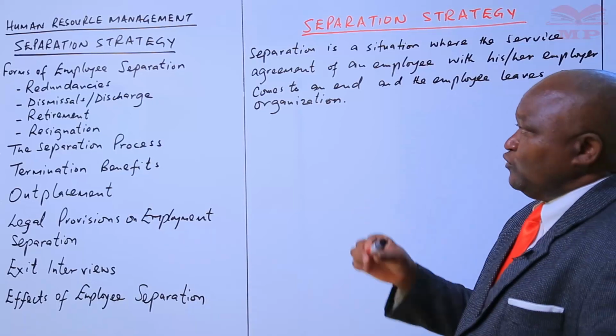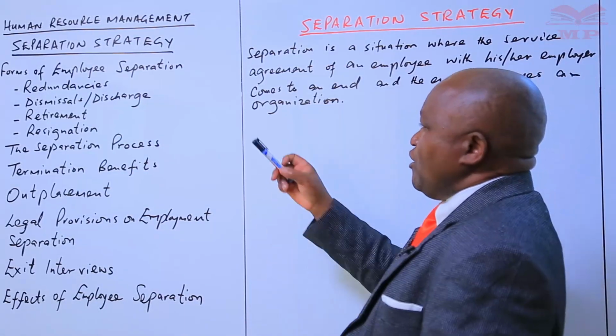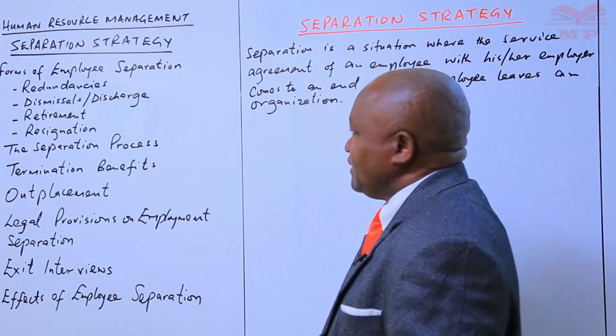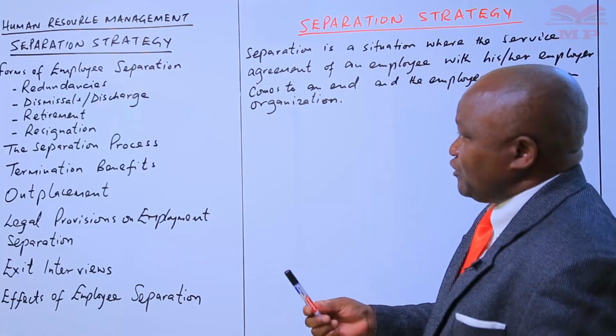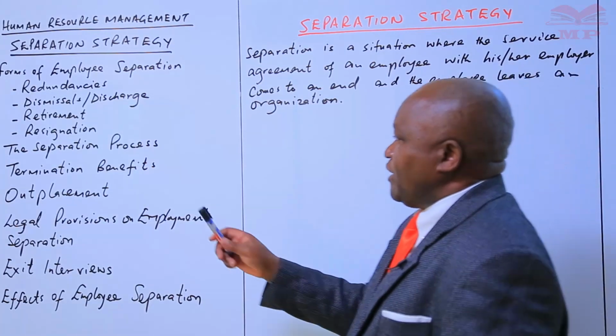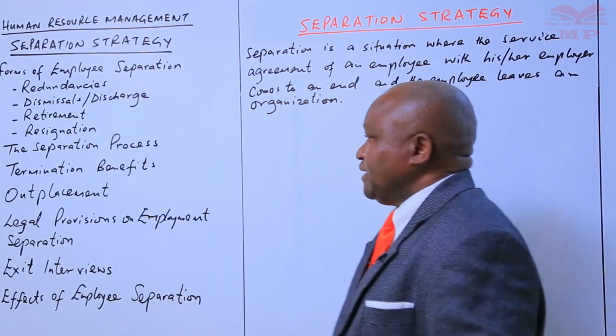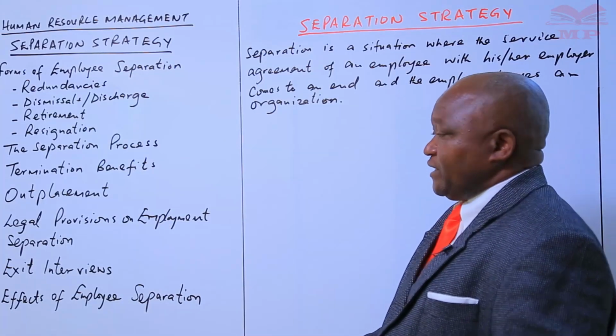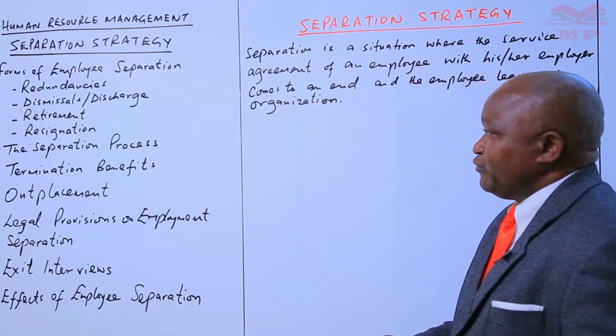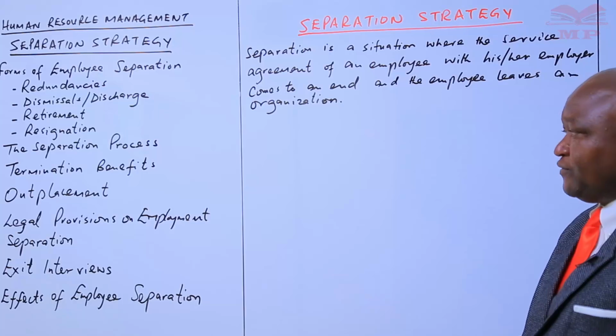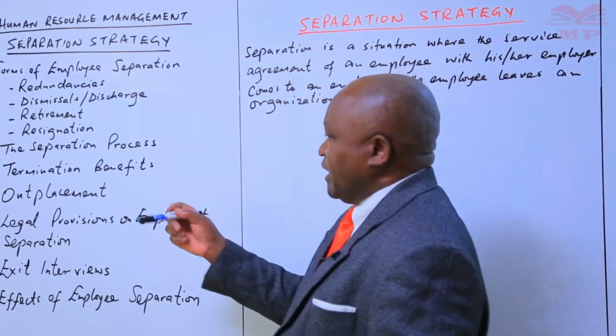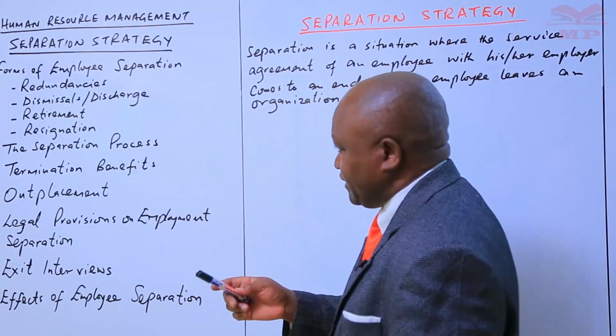And under the forms of employee separation, we are going to look at redundancies. We are going to look at dismissal stroke discharge. We are going to look at retirement. We are going to look at resignation as some of the forms of employee separation. Then we will also be able to look at the separation process.